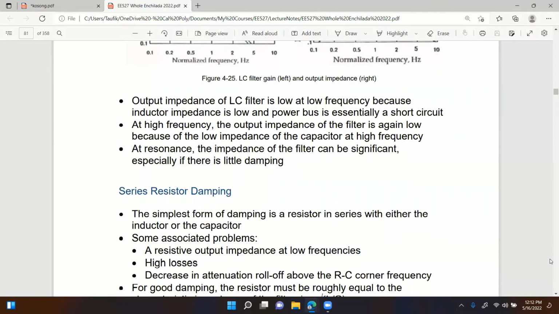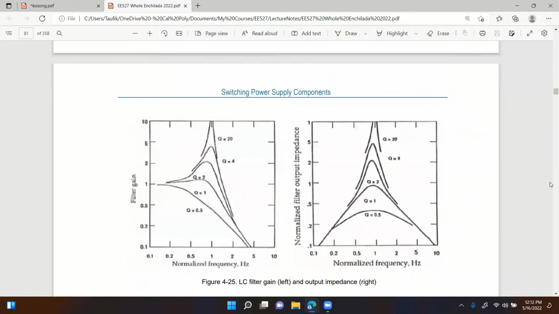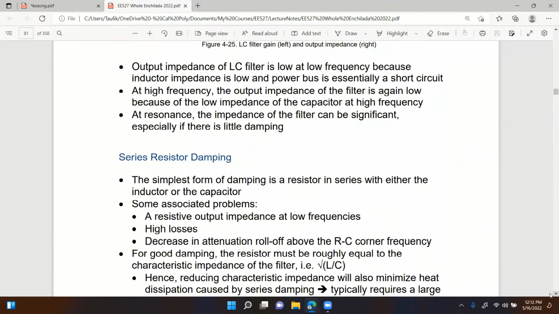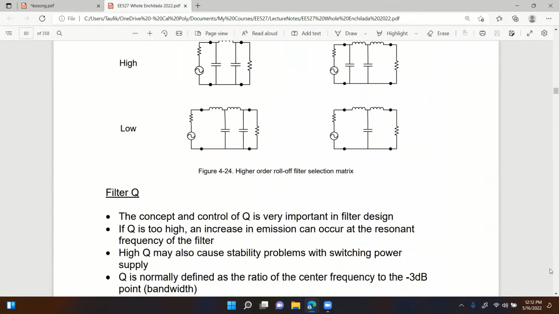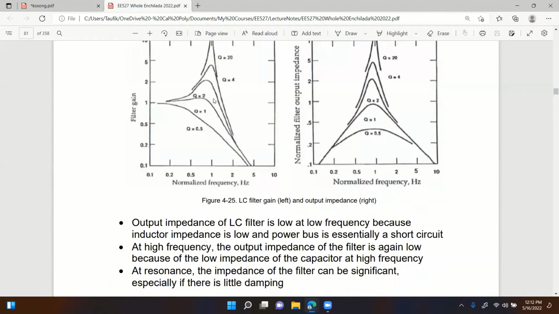Okay, and then we also looked at the damping component of the filter, right? Which is important as well. You don't want the filter to have very low damping because that would be dangerous to the performance of the filter, right? Overall performance of the filter.